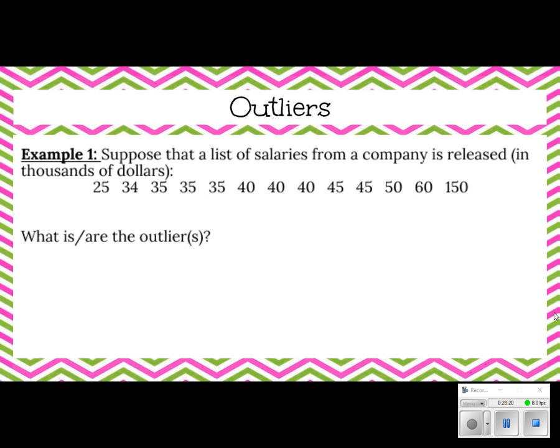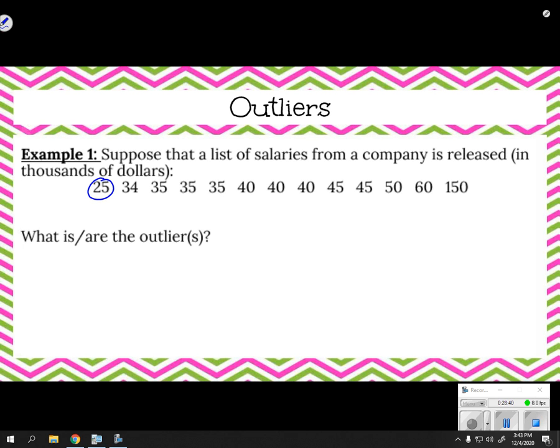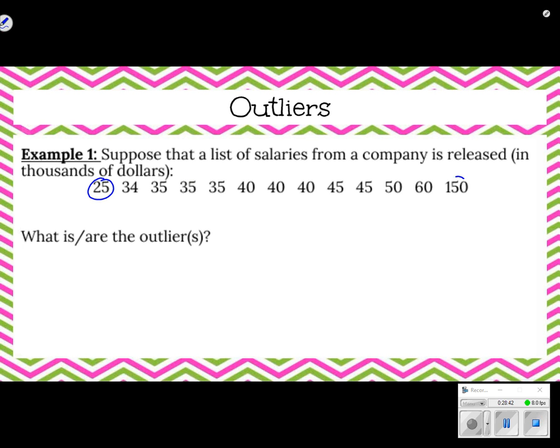So what do you think in this list of salaries, what would be an outlier? Let's say for a moment we want to check and say maybe some of you think 25 is an outlier and maybe some of you think that 150 is an outlier. Some of you might even think that 60 is an outlier, okay? But we can't just go based off of feeling or what we think it looks like.